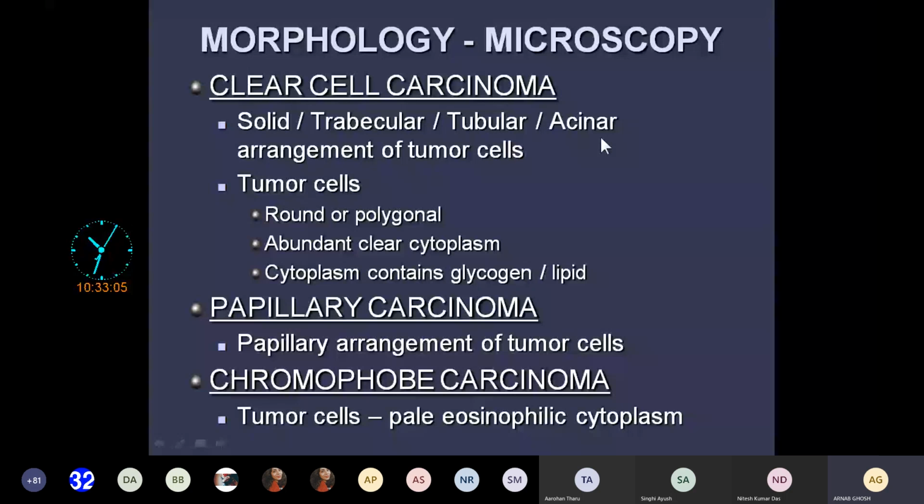These are the different arrangement of the tumor cells. And the tumor cell description again is important. So as we call it clear cell carcinoma, so they have abundant clear cytoplasm. The tumor cells are round or polygonal shaped and they have abundant clear cytoplasm. And this clarity or this clear cytoplasm, it becomes clear because it contains glycogen or lipid.